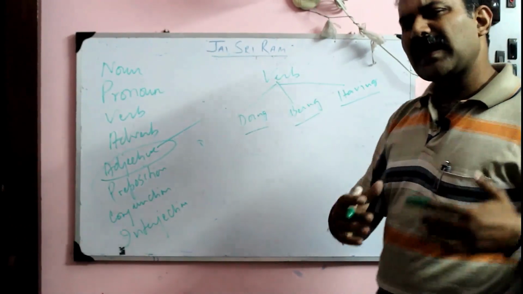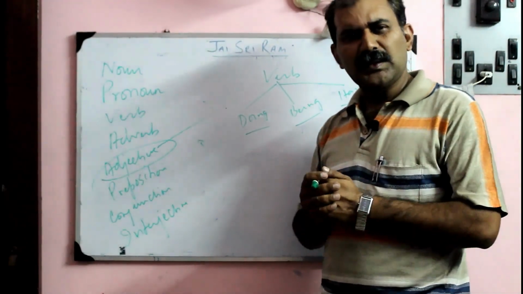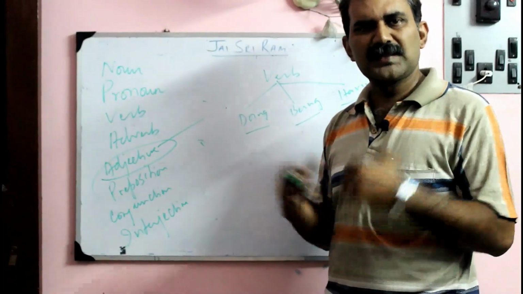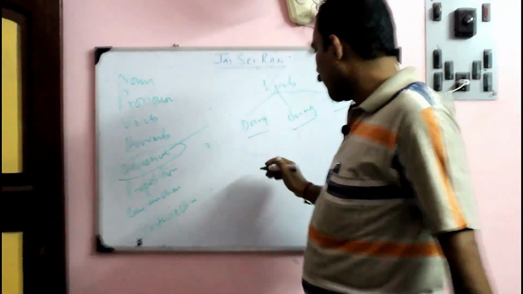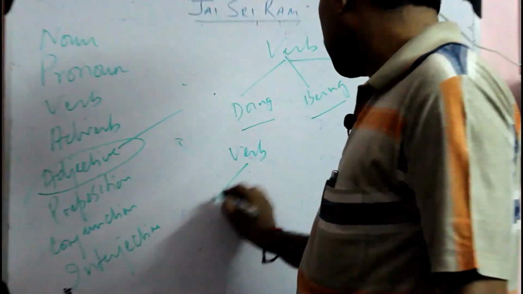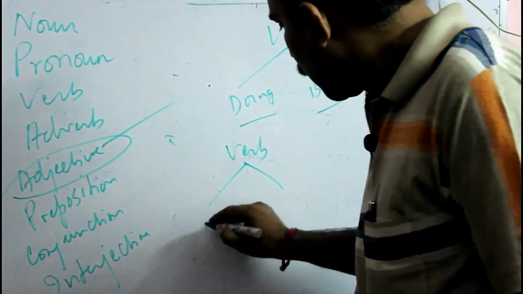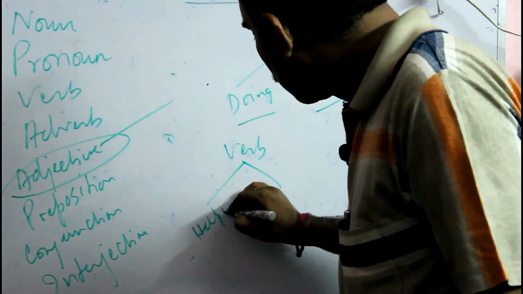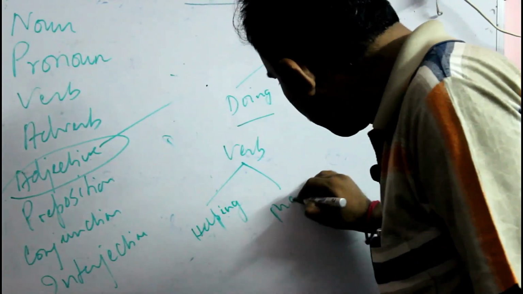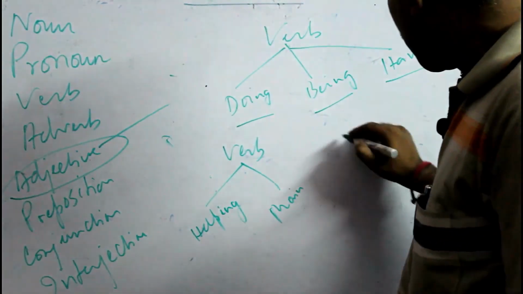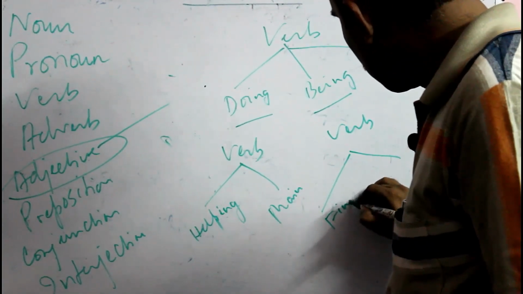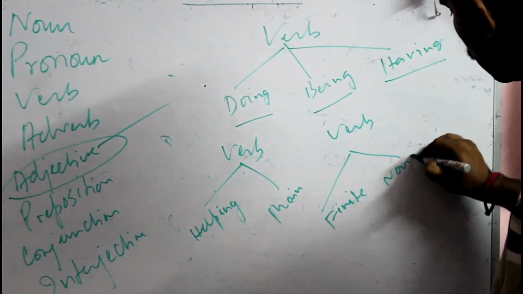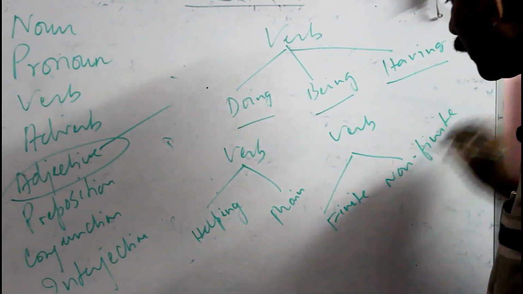Now verbs can be divided into various categories in different ways based on the grammatical concept that we are going to inculcate. So in one such division, verbs can be divided as helping verbs and main verbs, whereas verbs can also be divided as finite verbs and non-finite verbs.